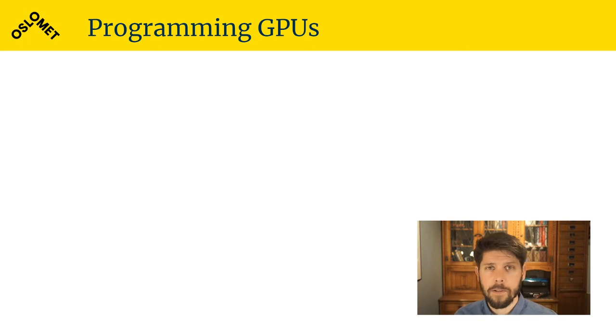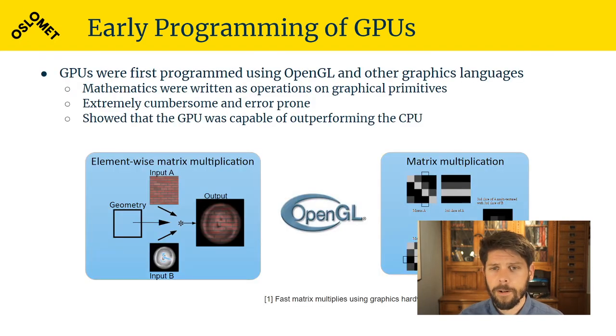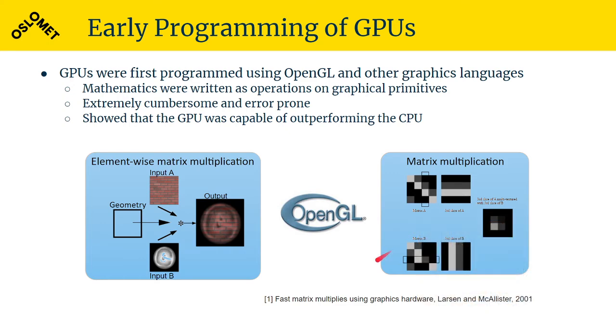Okay, let's change pace and talk about programming GPUs. This was when I started working with GPUs, I think around 2005 or so. GPUs were back then programmed using OpenGL and graphics languages. You could see things such as this, where you would have some geometry that you're rendering with a texture of a wall and a flashlight. By multiplying these, you get the flashlight on the wall.